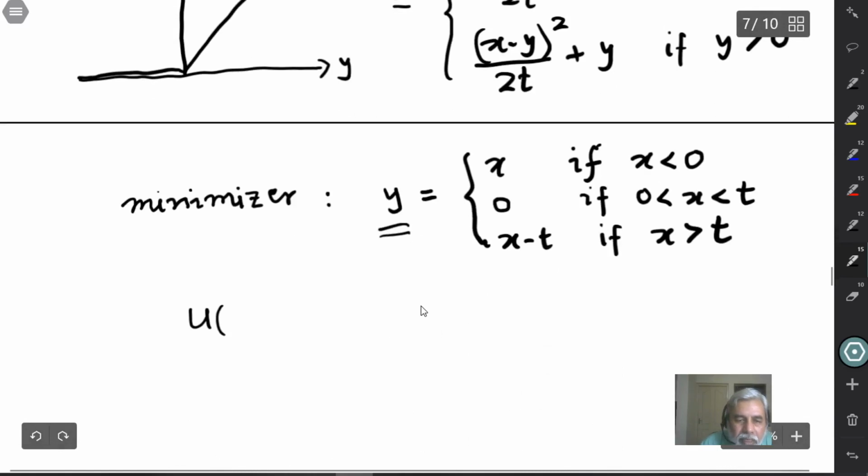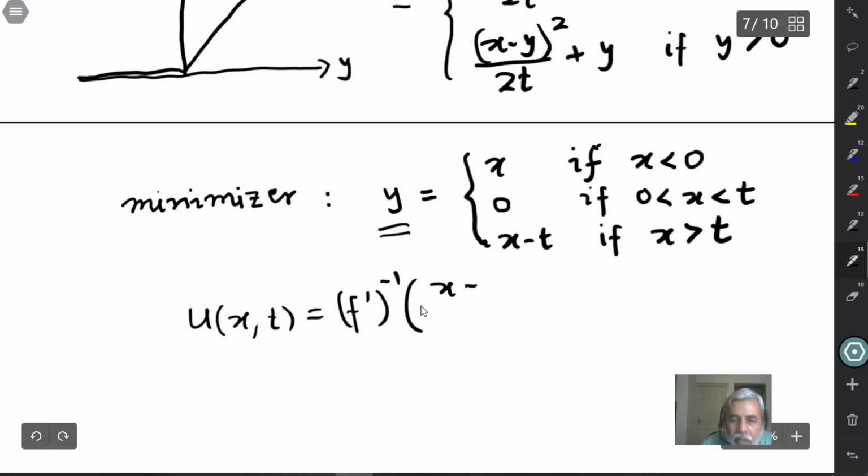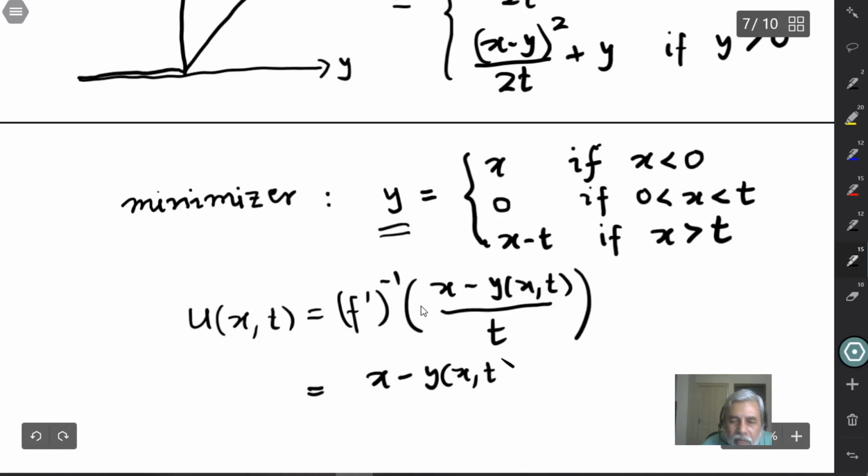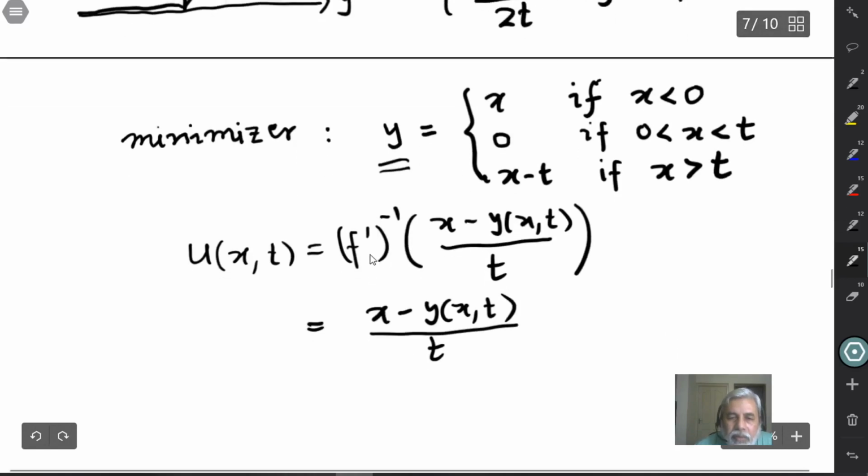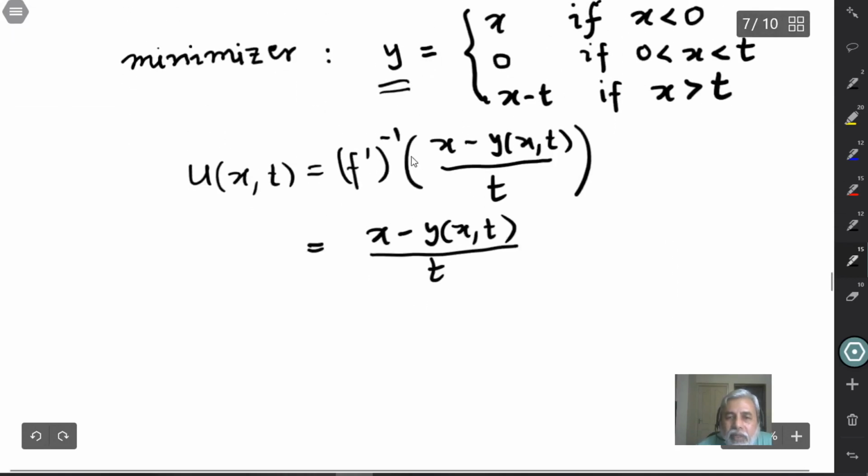So u of x t is f prime inverse of x minus y of x t by t, and this is simply x minus y of x t, the minimizer. And looking at the expression of the minimizer, just plug in.